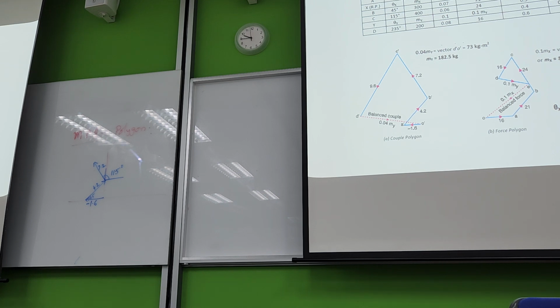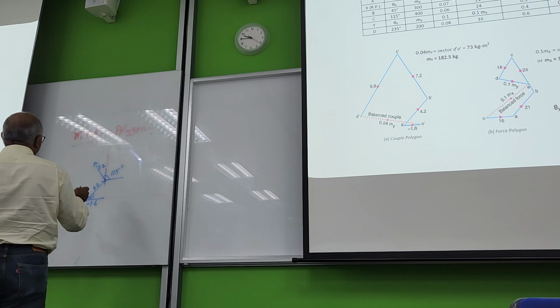Then look for D. The value for D is 9.6 and the orientation is 235 degrees. So we plot this 9.6 at orientation 235, from the tip of here.